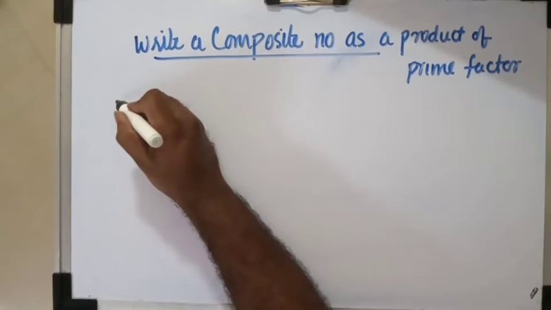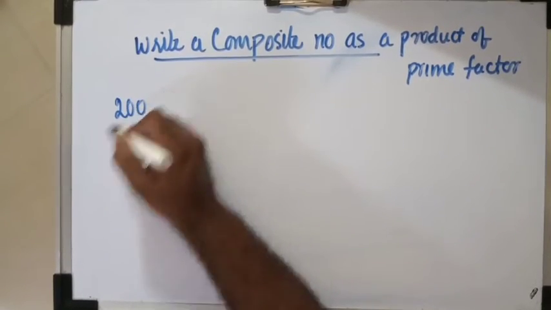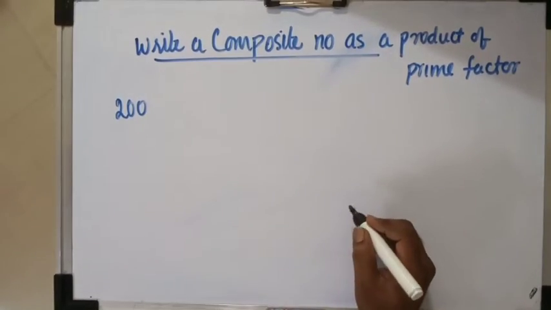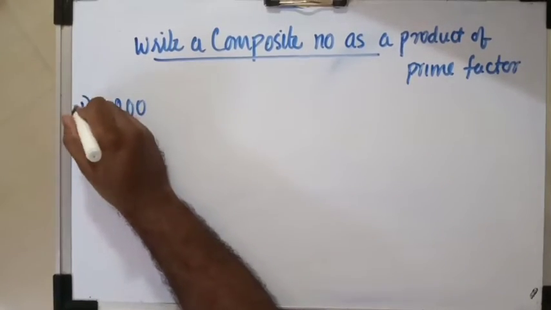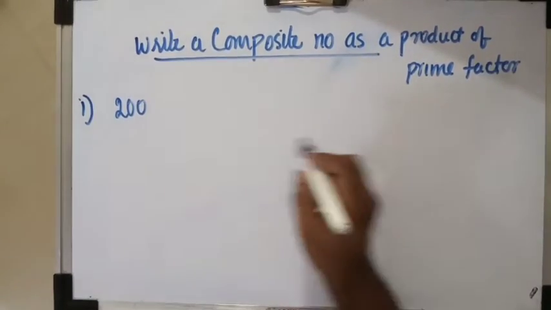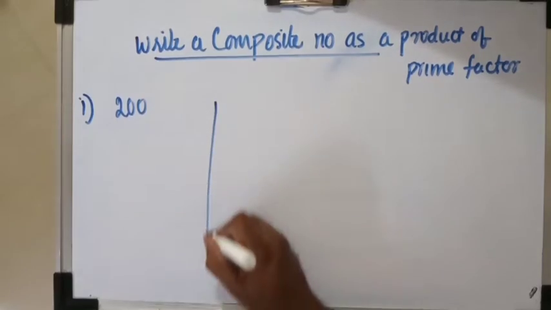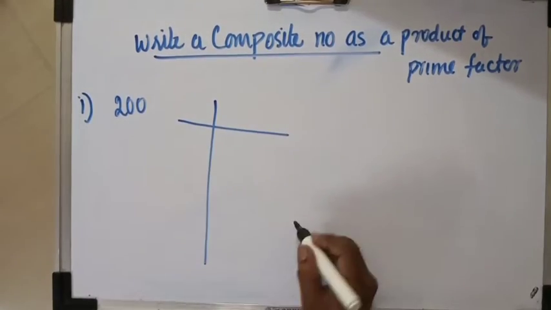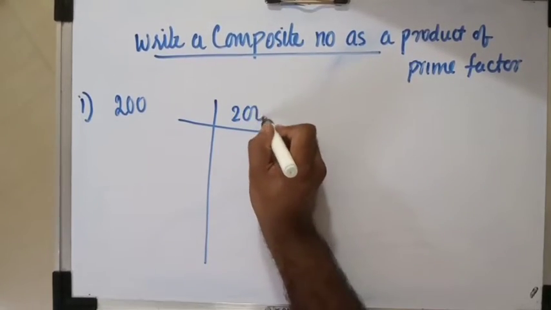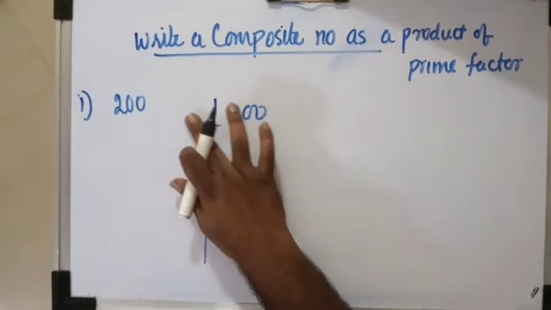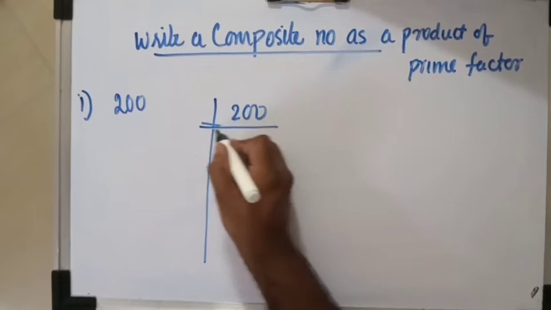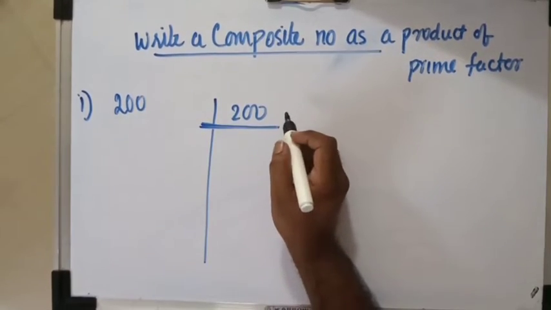So how will we find them? For example, say I have a number 200. I need to find the prime factors of this number. So what I'll do is I'll write 200, and first I'll take a prime number in which 200 will go.